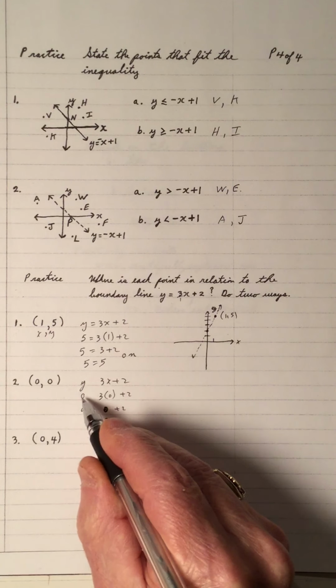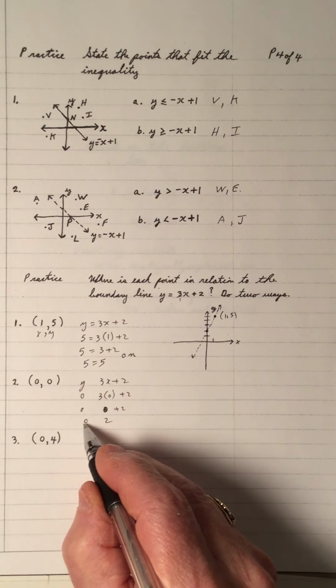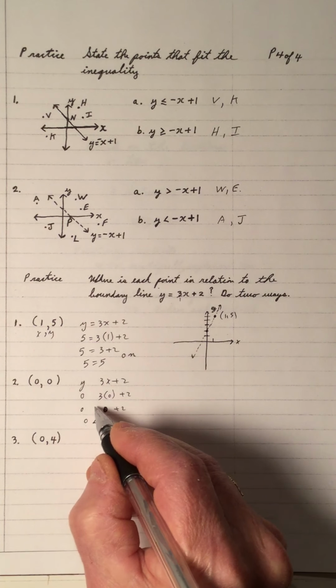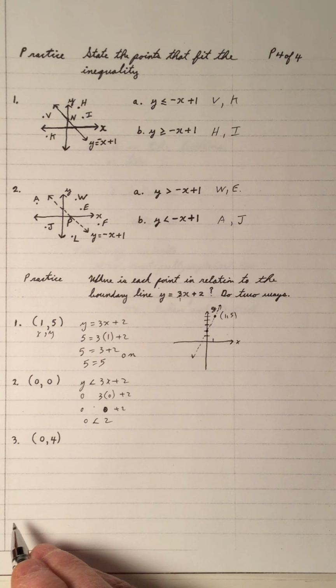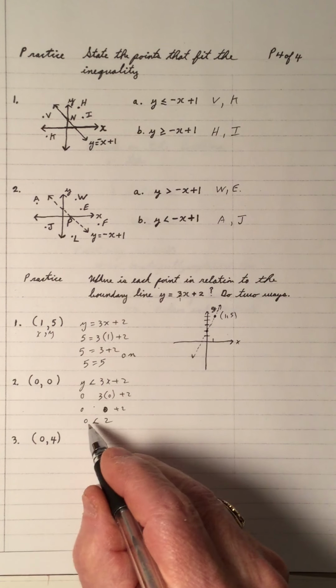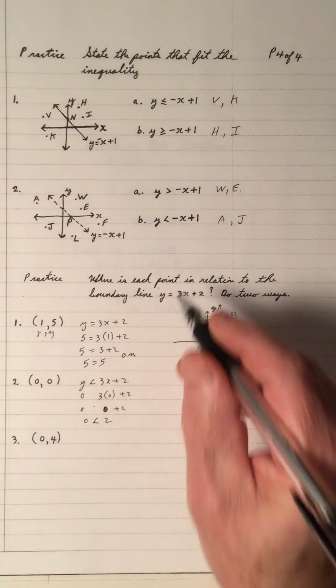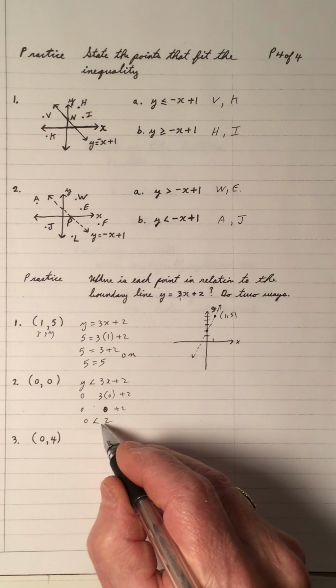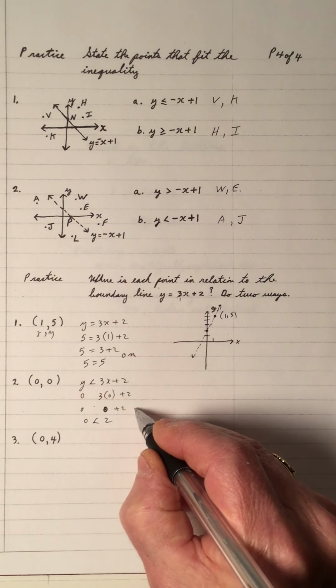So I put a 0 in for y, 0 in for x. And what do I have? Notice 0 is less than 2. So therefore, that's a less than there. So where is this point? Because 0 is less than 2, this point is below this boundary line. 0 is less than 2. Less than is where? Below.